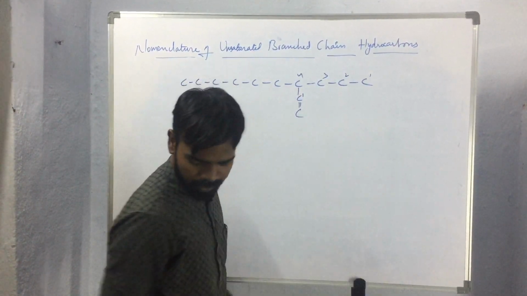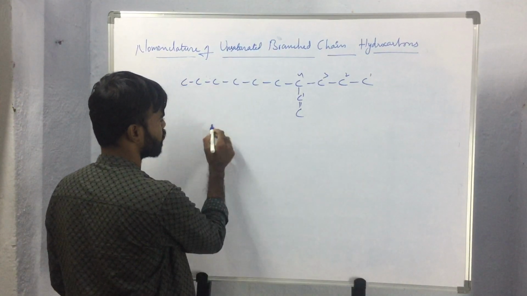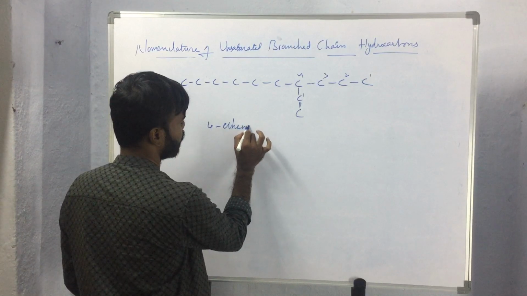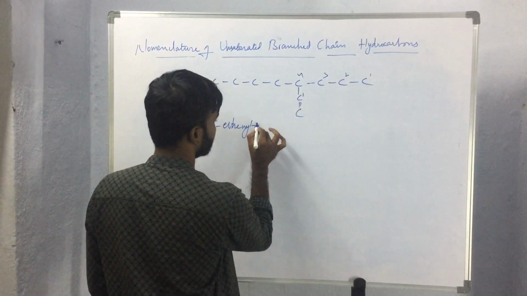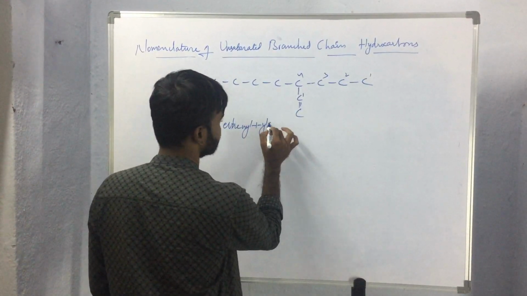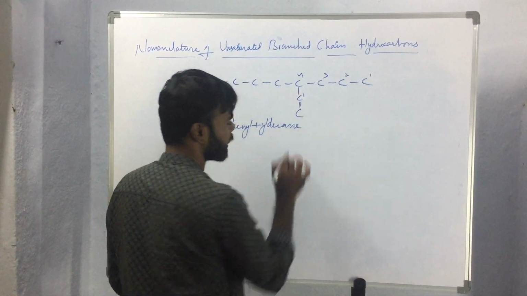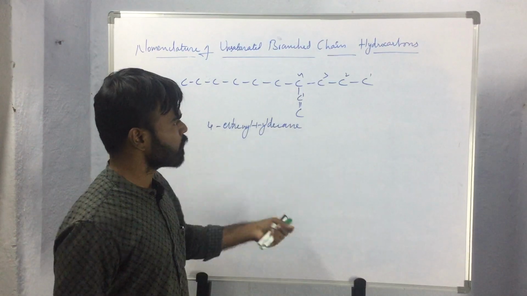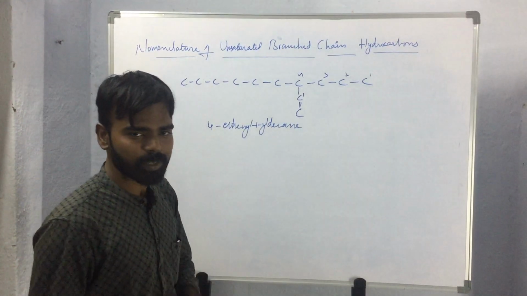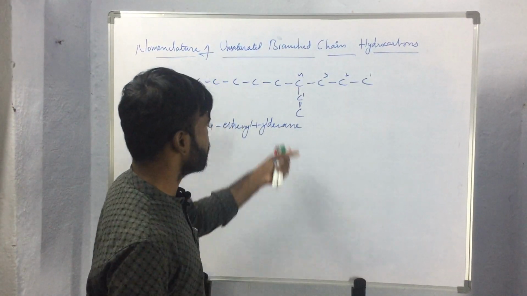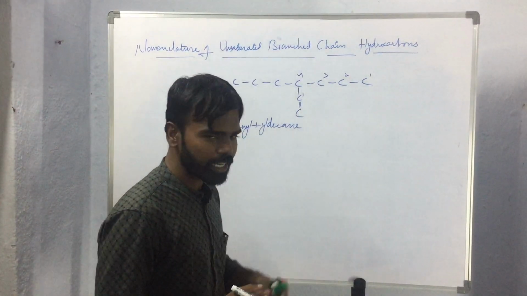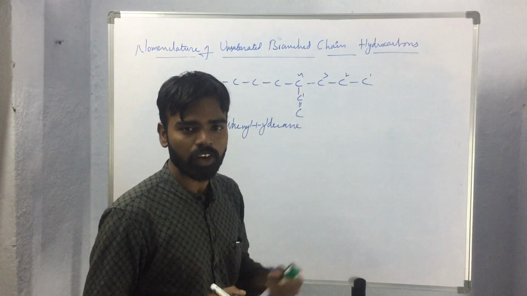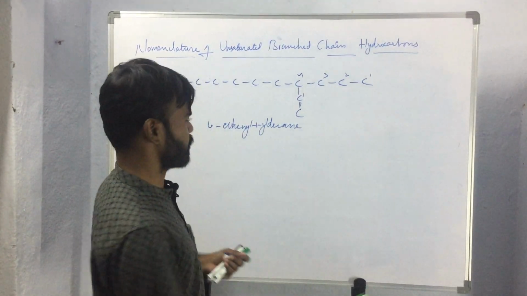So the name of this compound will be 4-ethenyl-1-yl decane. So like this we will be naming compounds in which the unsaturation is present in the side chain and separated from the parent chain by one or more carbon atoms.